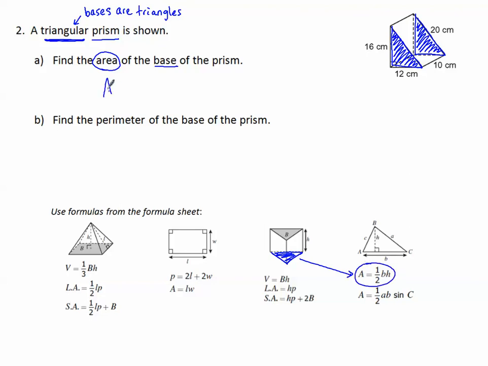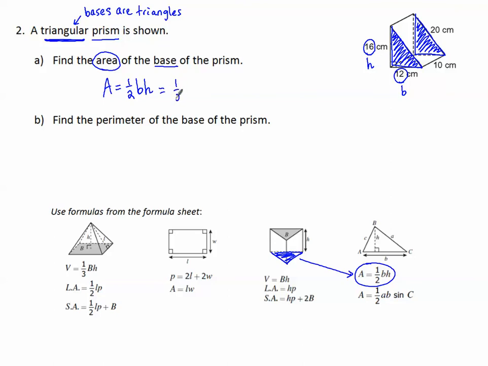So I'm going to say area equals 1/2 lowercase b times lowercase h. Lowercase b means the length of the base. H means the height of the base. So look at this picture. The length of the base says 12, so this is our little b. The height of the base says 16, so this is our h.